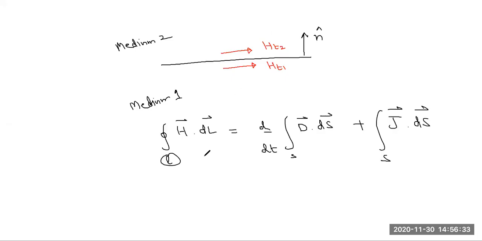This is basically, if you remember, Ampere's law, but this term was added by Maxwell. So this is the equation that is going to help us to relate HT1 and HT2.